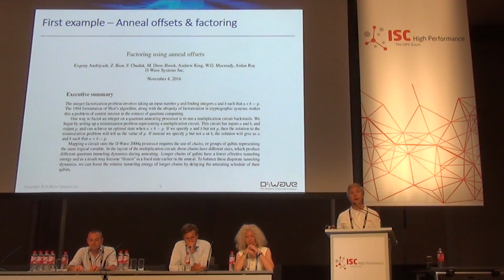Now, we build a quantum annealer, not a gate model system. What that means is that Shor's algorithm does not run as it stands on our machine. But it is still possible to factor numbers on our machine, you just do it a different way.